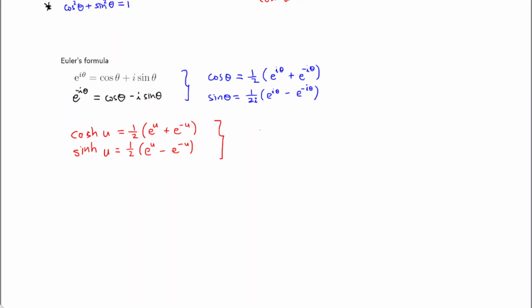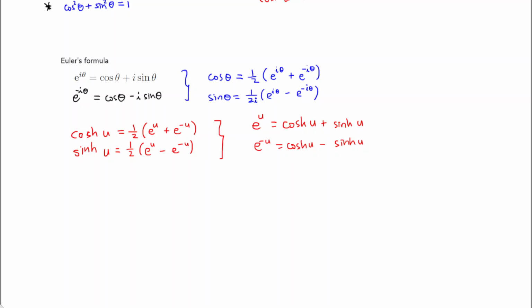So what you can find here is that e to the u is cosh u plus sinh u, and e to the minus u is cosh u minus sinh u. So that's one way of looking at it: solve for the hyperbolic functions, or solve for the exponentials.